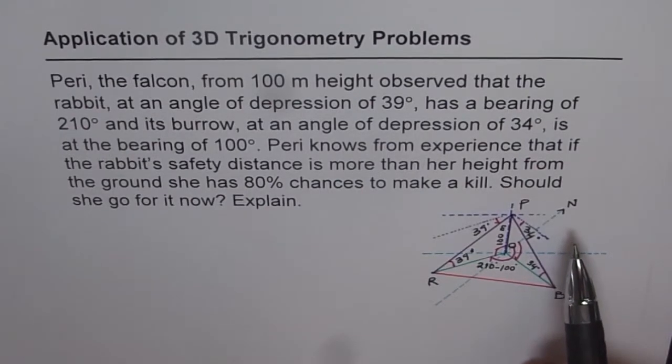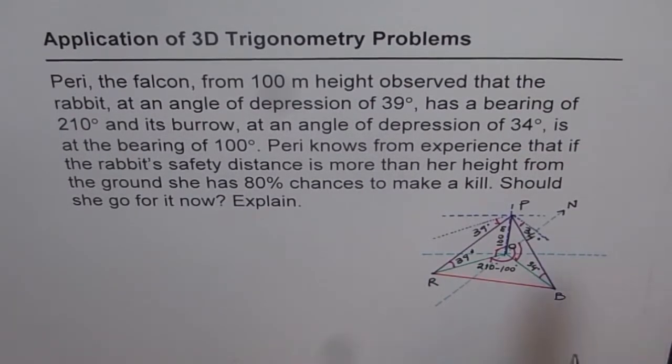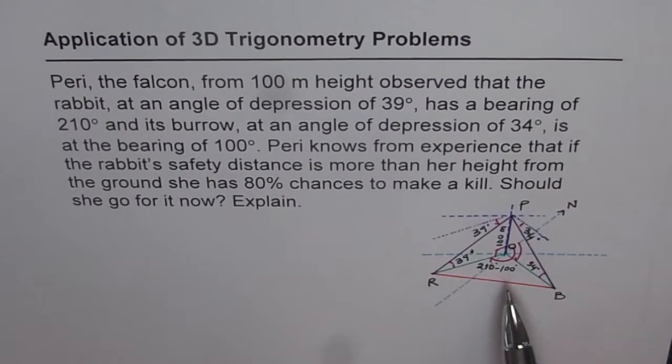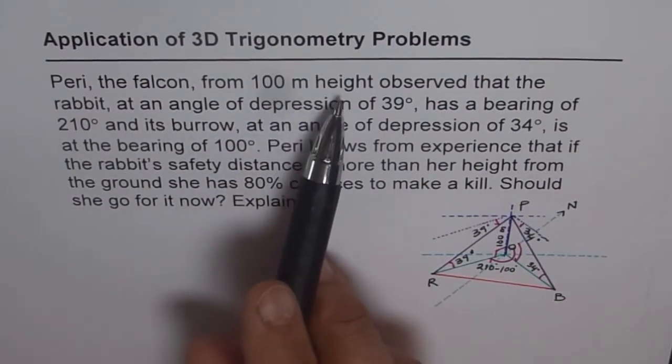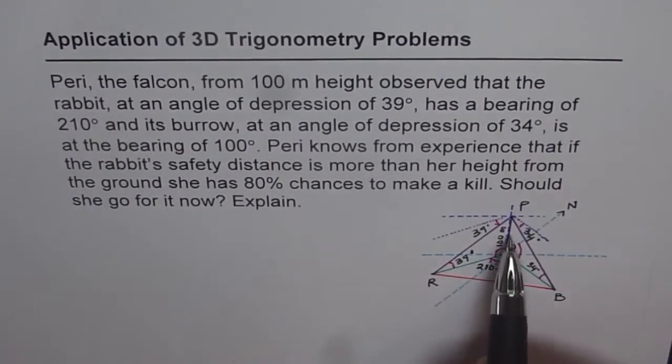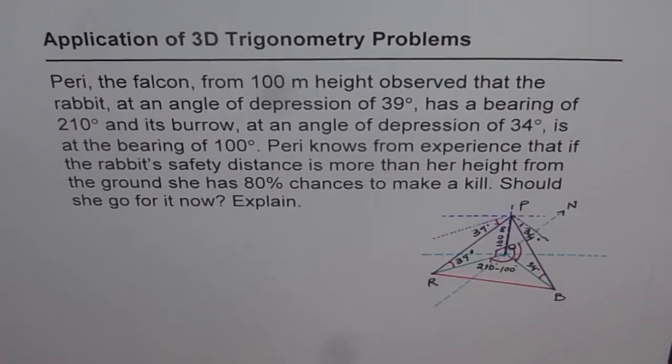So let's go through the question once again to understand how to represent the situation in the form of a figure. It says, Perry the falcon from 100-meter height. So height is shown like a z-axis, the vertical axis. Height OP is 100 meters and P is the position of the falcon.